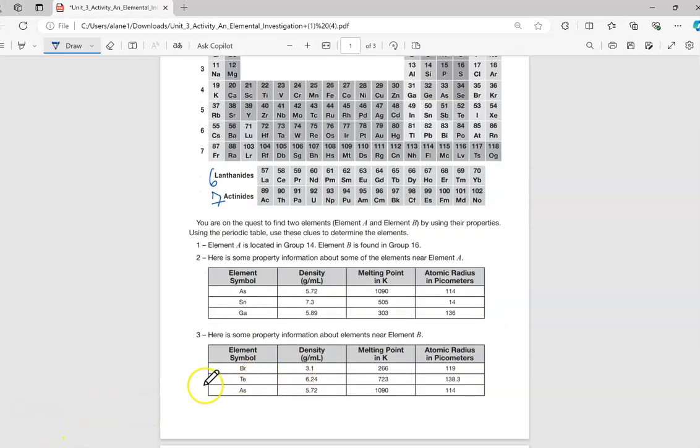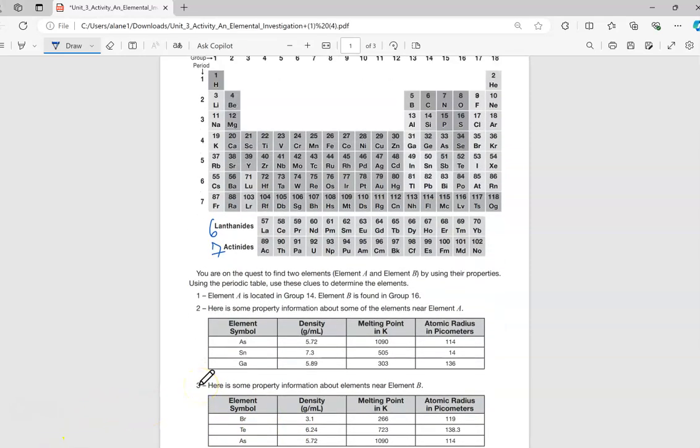So this activity says you are on a quest to find two elements, element A and element B, by using their properties, like physical properties. Using the periodic table, use these clues to determine the element.